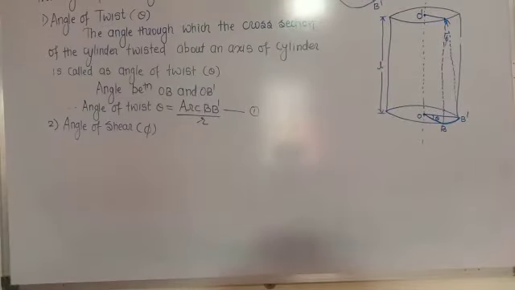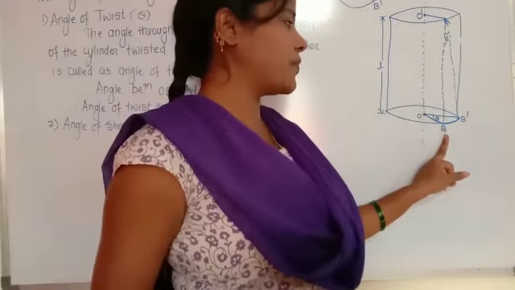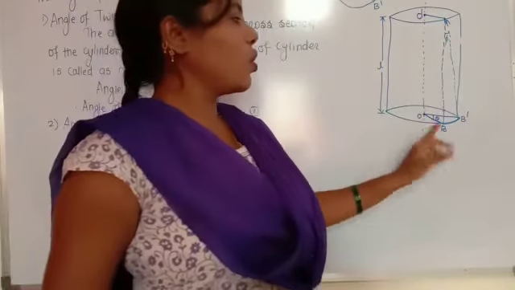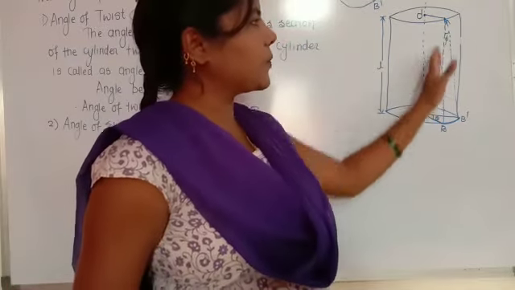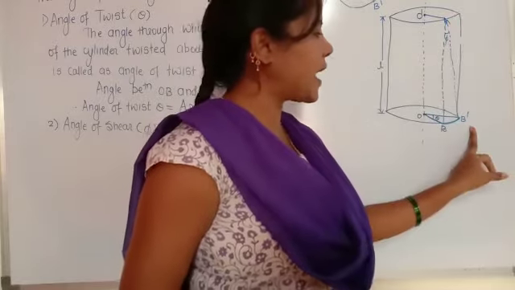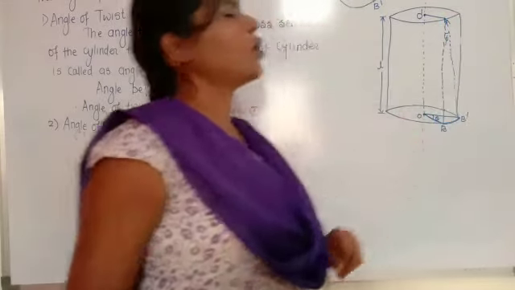Due to the external torque applied on the lower end of the cylinder whose upper end is fixed, there is a shift in the upper surface of the cylinder, so the element of the rod AB is shifted to AB dash. AB is the original position, when there is no force or torque acting. When we apply a torque on the lower end of the cylinder, AB is twisted to a new position, AB dash. That's why the angle between AB and AB dash is called the angle of shear.